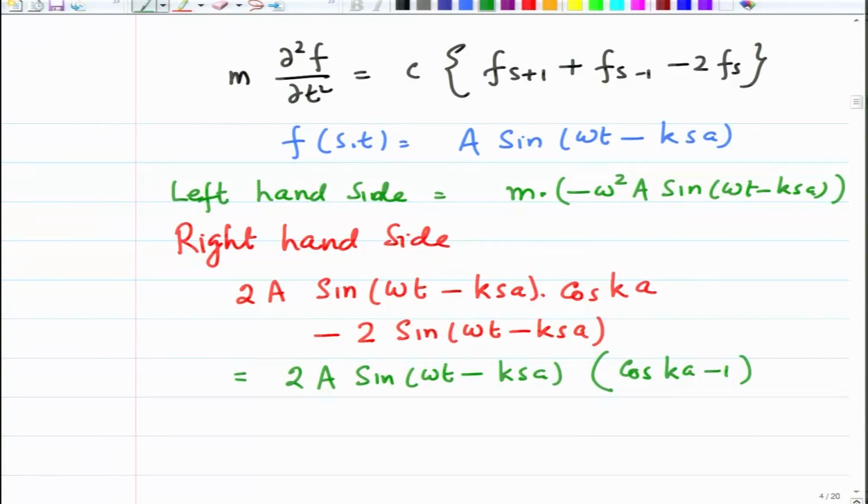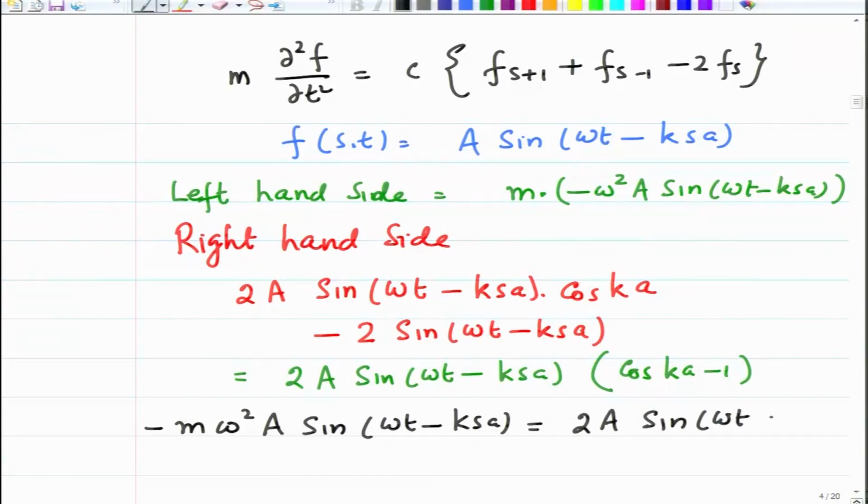Equating the two sides of the equation, we now get minus m omega square A sine of omega t minus k S A is equal to 2 C A sine of omega t minus k S A times cosine of k A minus 1, and this would give me a relationship between omega and k.